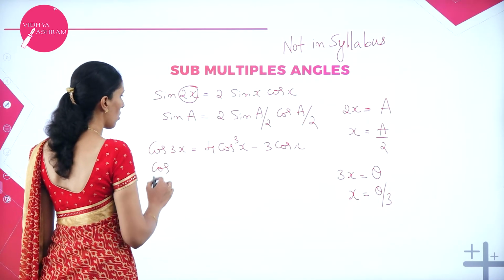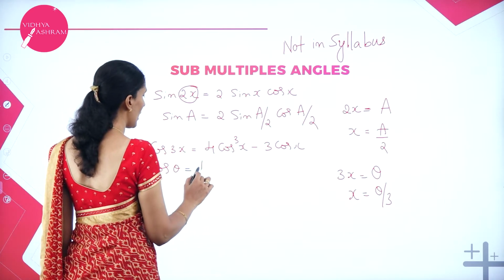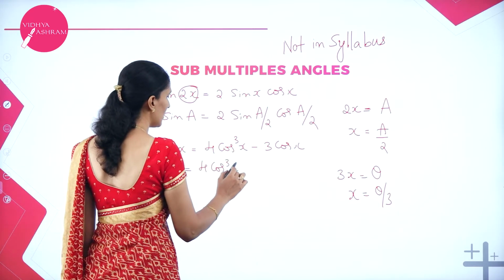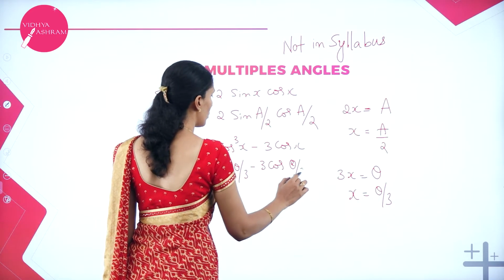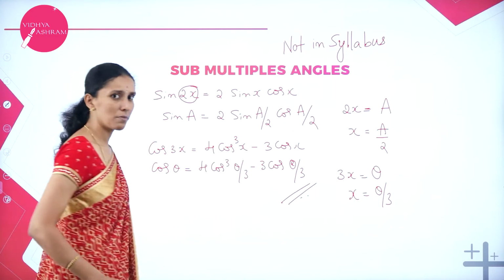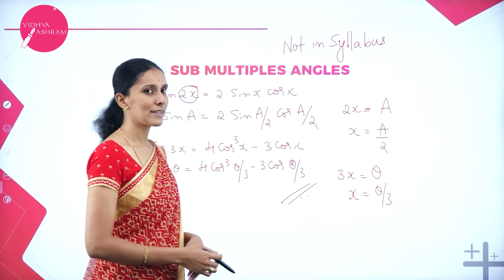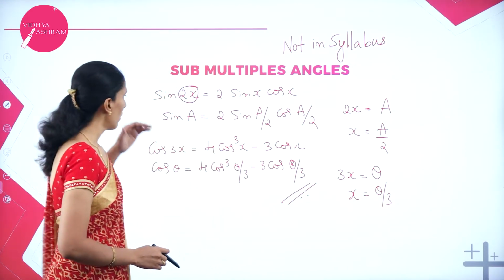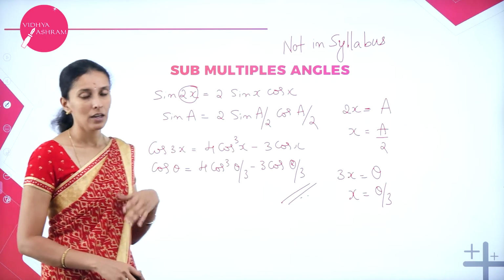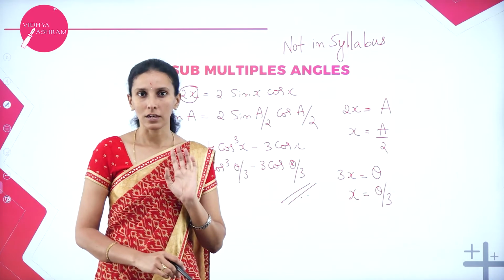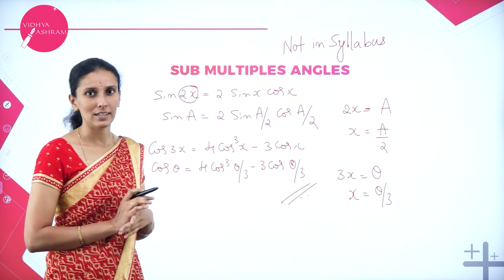Therefore, cos theta can be written as 4 cos cube theta by 3 minus 3 cos theta by 3. So the same formula in terms of fractions, they are called submultiple angles. We will be using this in differentiation and integration wherever it is necessary. It is not in your first PUC syllabus, but very useful for the second year syllabus.